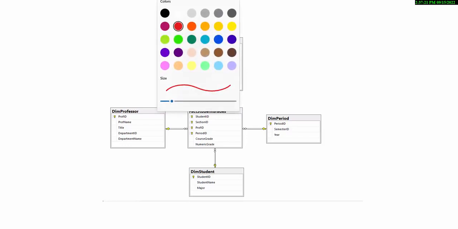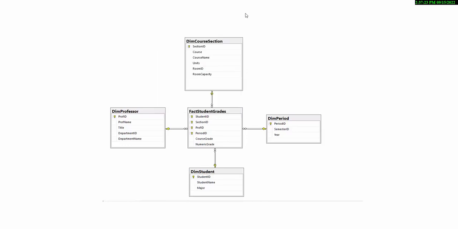If I wanted to know how many rows there are going to be in the fact table, let's start with student ID. Typically we have about 40 students in a course section. I multiply that with sections. It says there are about 500 course sections.